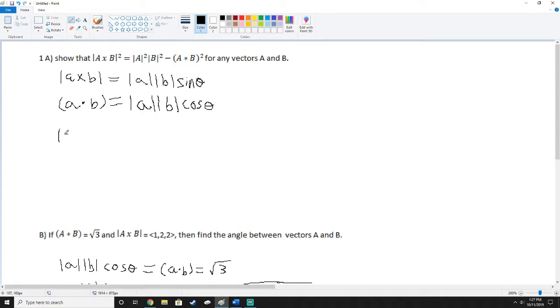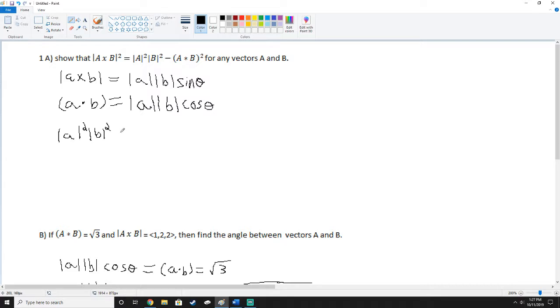So we'll get magnitude of a squared times magnitude of b squared. Excuse my handwriting, writing with the mouse is a bit difficult.